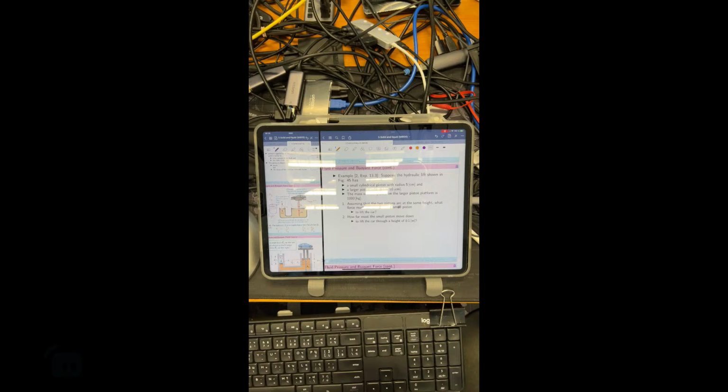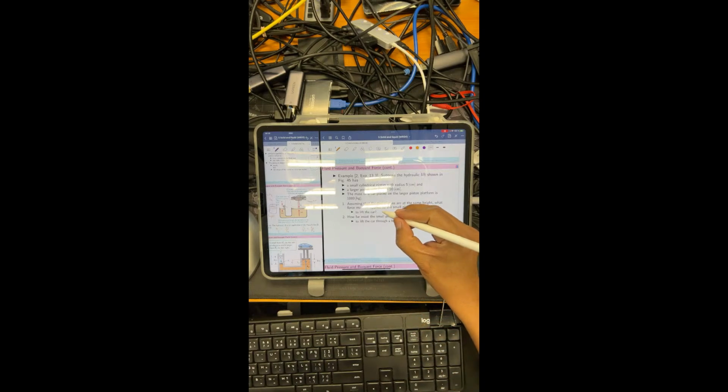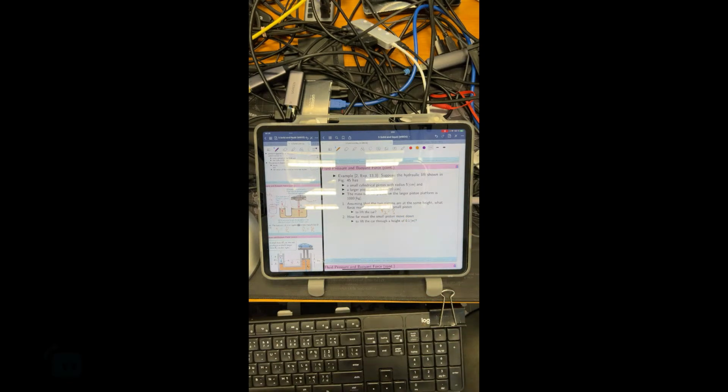The two pistons are the same height, as in this figure. What force must be applied to the small piston to lift the car? What is F1, on the left hand side? And how far must the small piston move down to lift the car through the height of 0.1 meter?